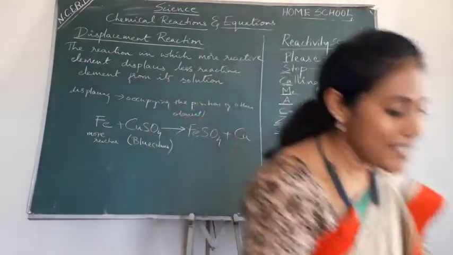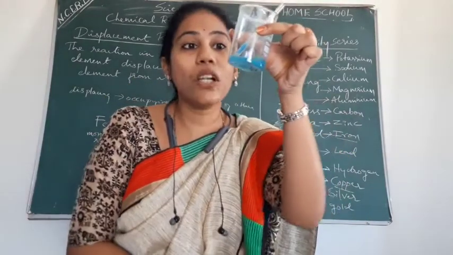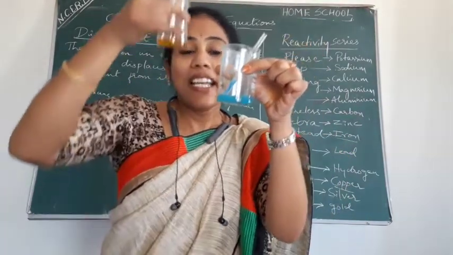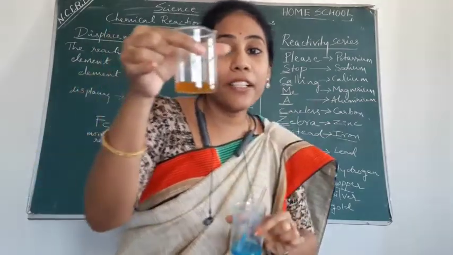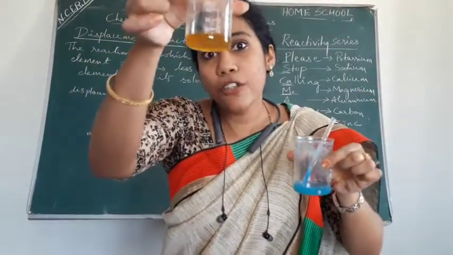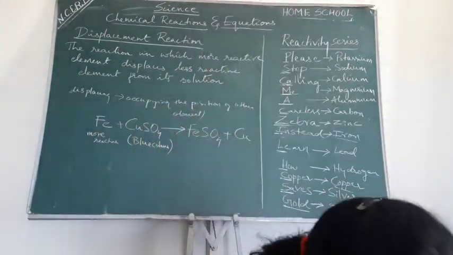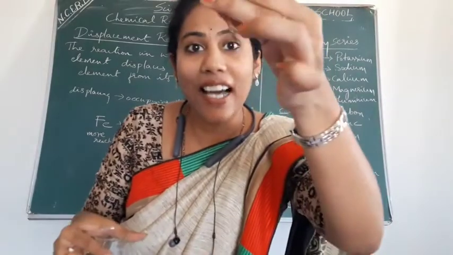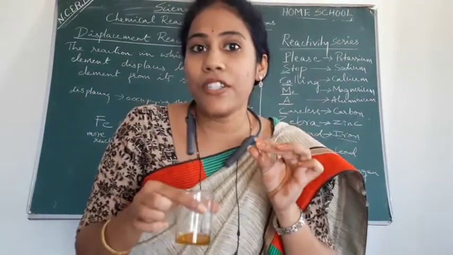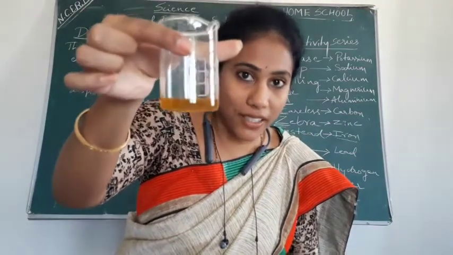So this is the experiment I have already done. Yesterday I took a copper sulfate solution. I added an iron nail, and see, this was the copper sulfate solution. Yesterday this solution was like this, and I added the iron nail. Today when I saw, you see, the solution has turned like this.